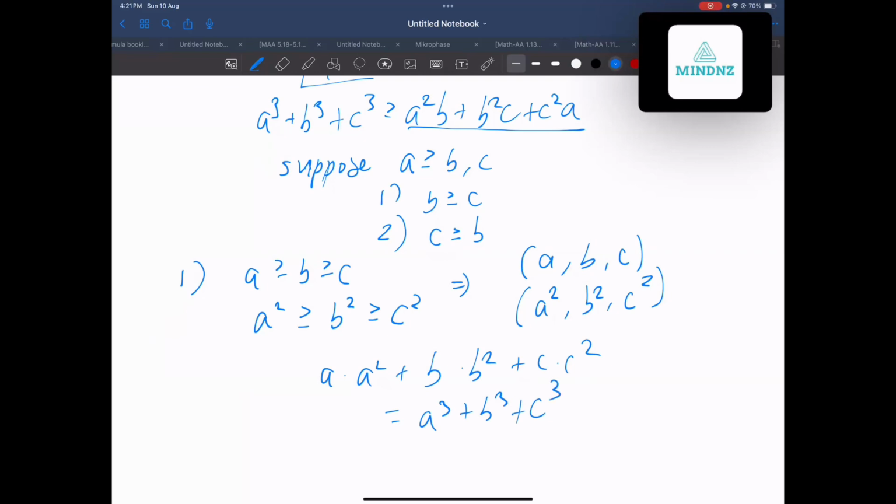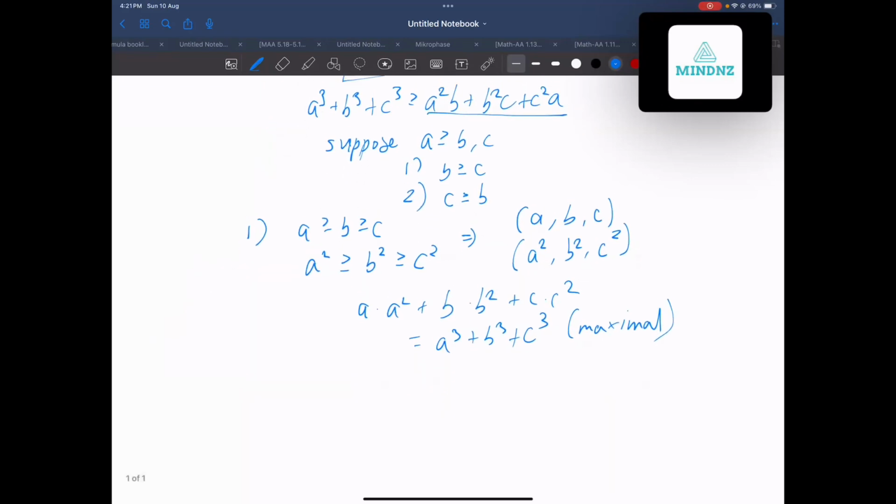And because of the rearrangement inequality, we know that this is the maximal possible permutation. So anything that is not this will be smaller than it.